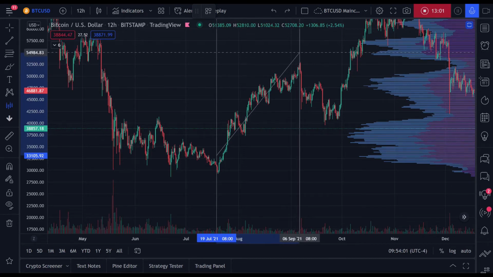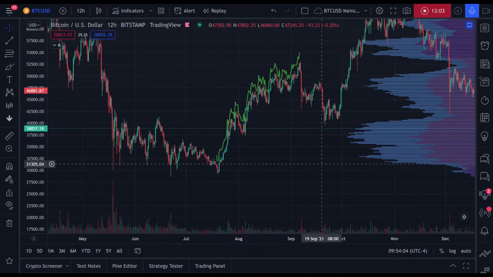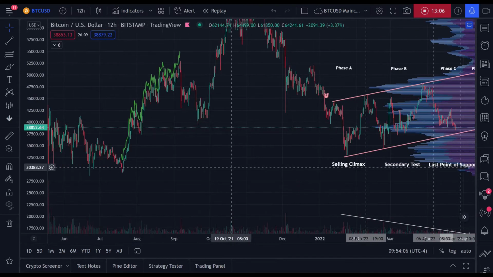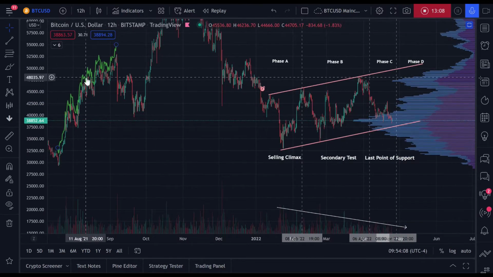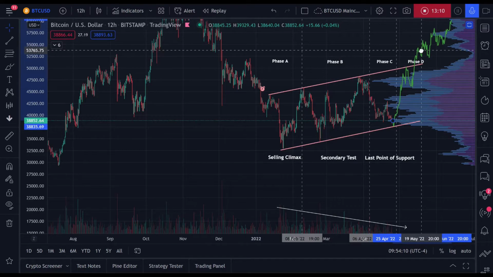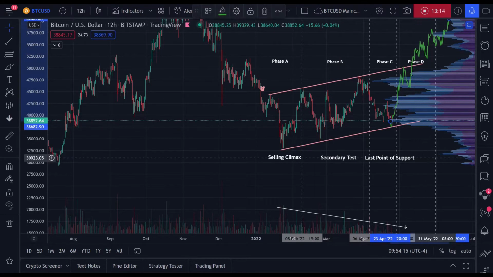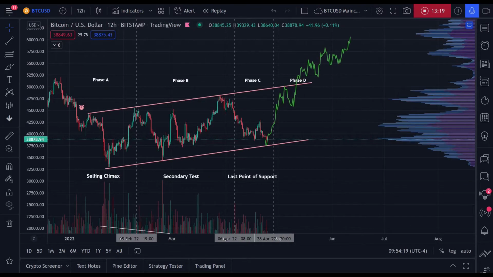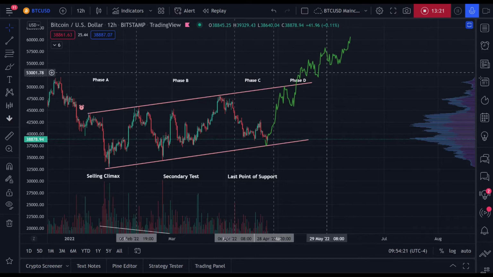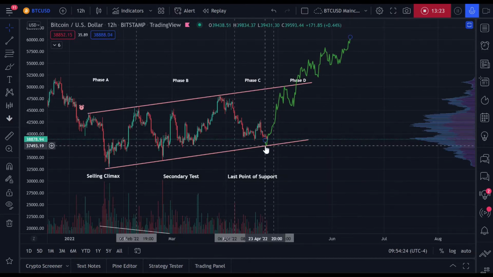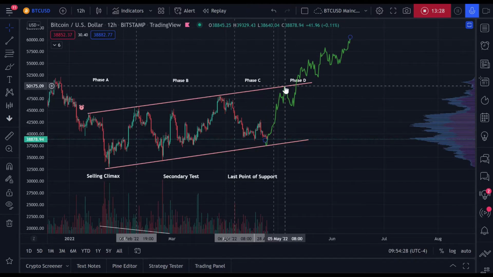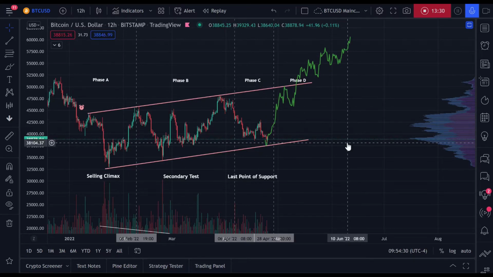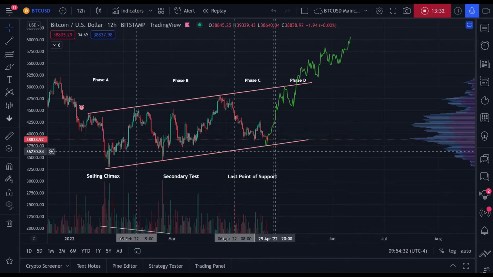So let's snip this price action right here from July of 2021, put it in, and say that we were in our spring phase. And look at what you get. It's almost uncanny how your previous price action of July of 2021 matches so well with our current price action of April of 2022.